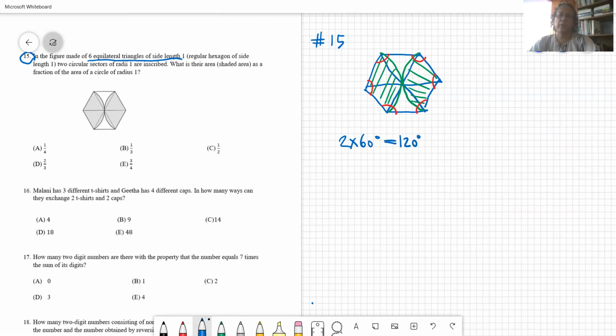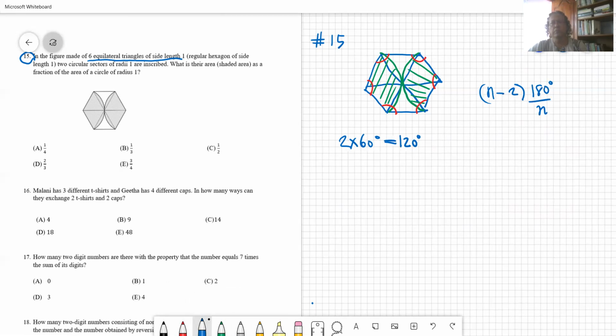Now also we can find the angle of a regular polygon by this formula. What is that formula? (n minus 2) times 180 over n.